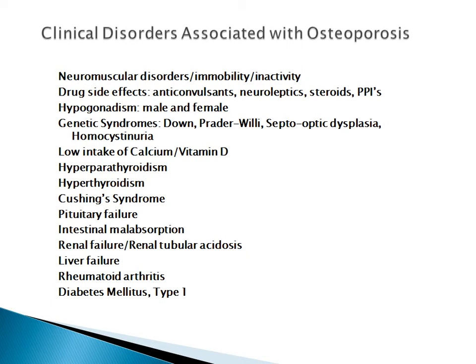Now, these are clinical disorders associated with osteoporosis, which can lead to what's called secondary osteoporosis: neuromuscular disorders, drug side effects, especially anticonvulsants, neuroleptics, steroids, proton pump inhibitors, hypogonadism, genetic syndromes, low intake of calcium and vitamin D, hyperparathyroidism, hyperthyroidism, Cushing's syndrome, pituitary failure, intestinal malabsorption like celiac disease, which is probably more common than we think in people with developmental disabilities, renal failure, liver failure, rheumatoid arthritis, and diabetes mellitus type 1.